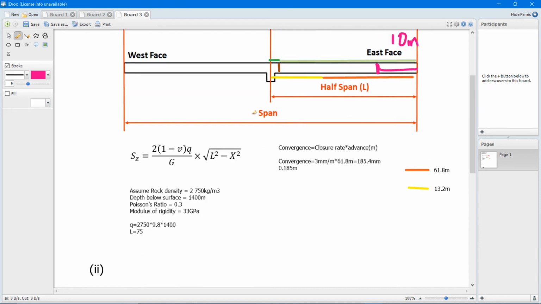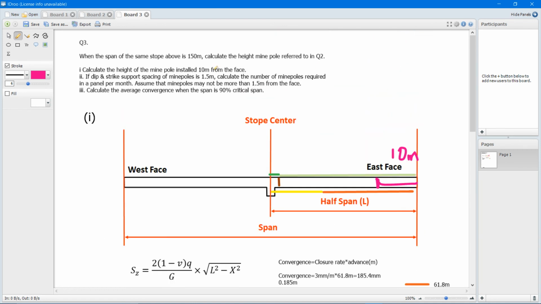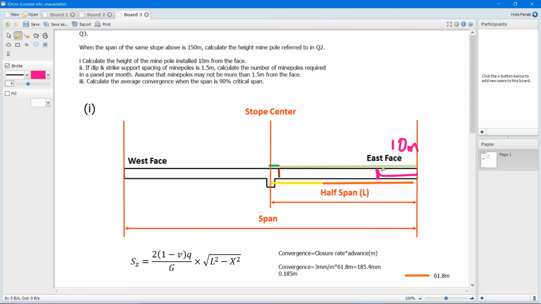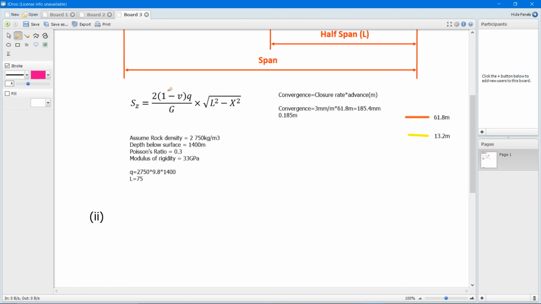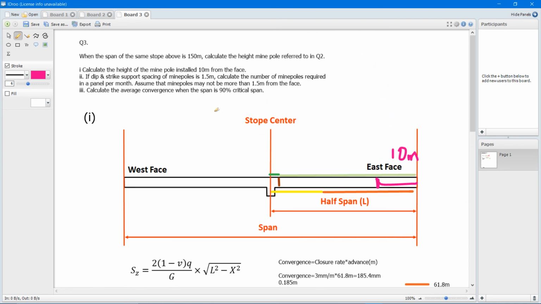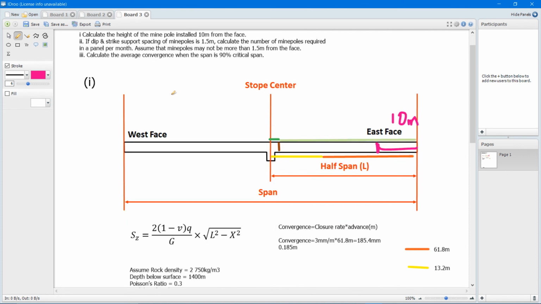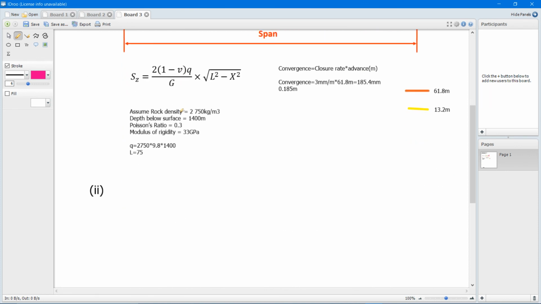But for the consideration of this pole over here, we are going to calculate how much convergence has happened at that place. Now, we do have all these parameters for the sake of the second question, right?